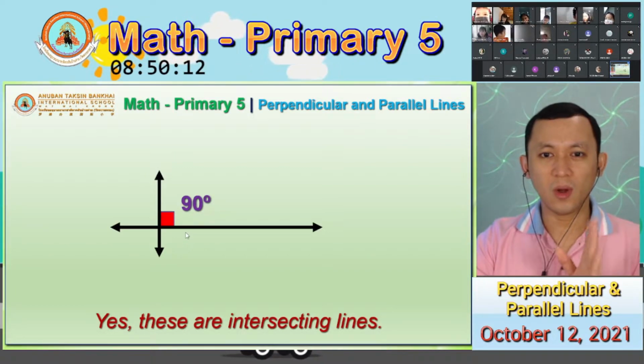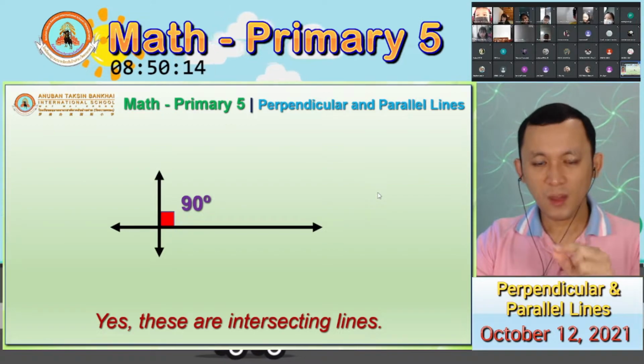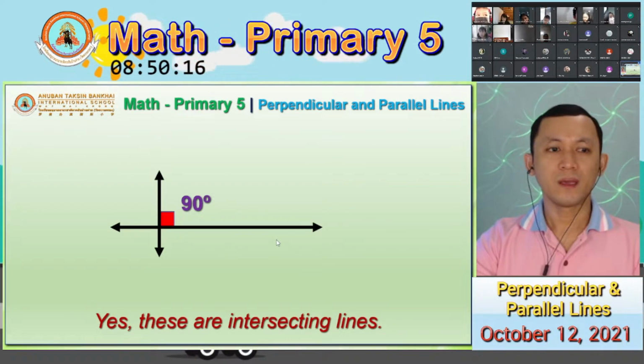So this is always 90 degrees when we have a square symbol.